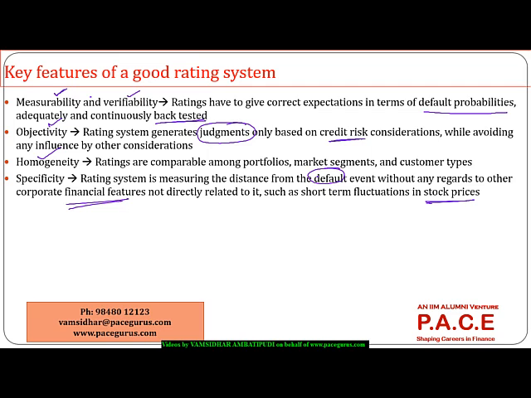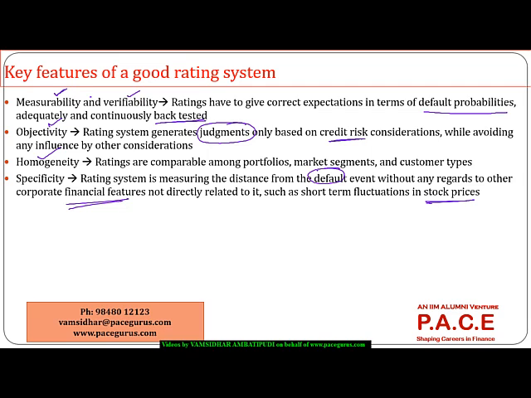Because the default of a company is possible when it is not able to meet its debt properly. So its operations are not good enough. It's not able to generate profit from its regular business, and because of that, the profitability is getting questioned.